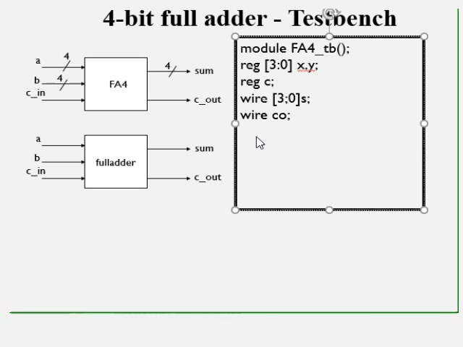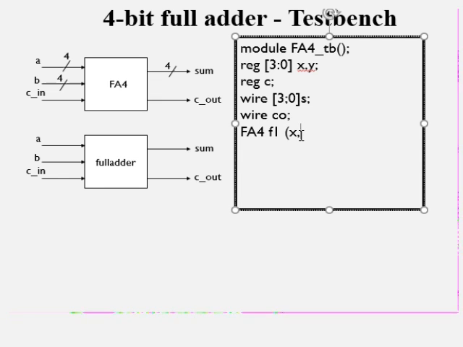Next I need to instantiate this 4-bit full adder inside this test bench. The name of the module is FA4. I'll give some module instance name, and the port names which I map with the actual module should be compatible. In the test bench I have given some other names, but they should be compatible. In my 4-bit full adder, if you recall, the first one is A, a 4-bit number, and the second is B, also a 4-bit number.